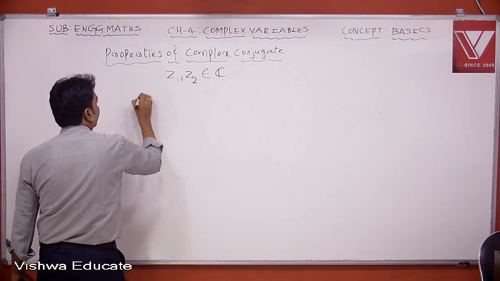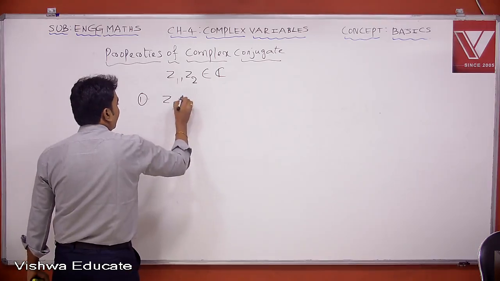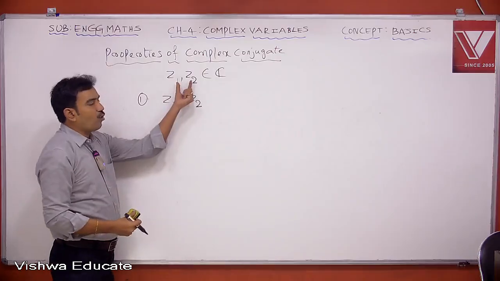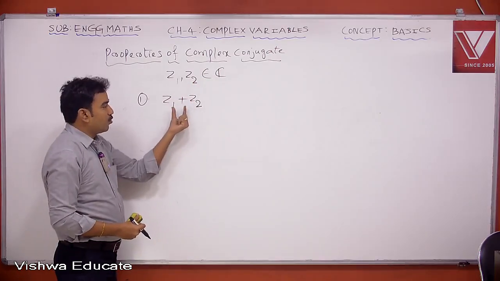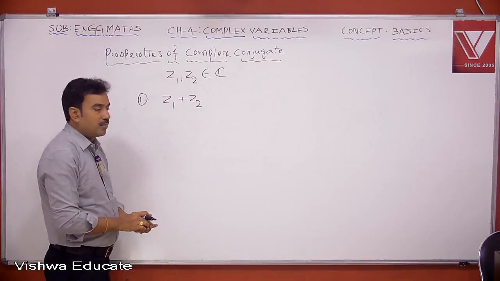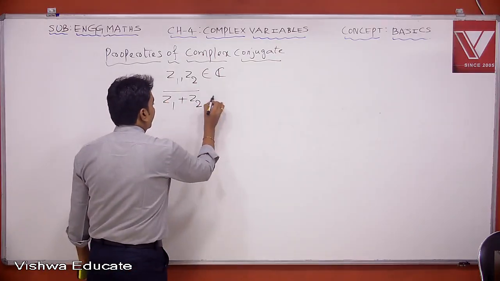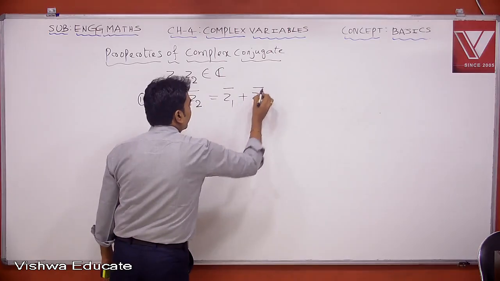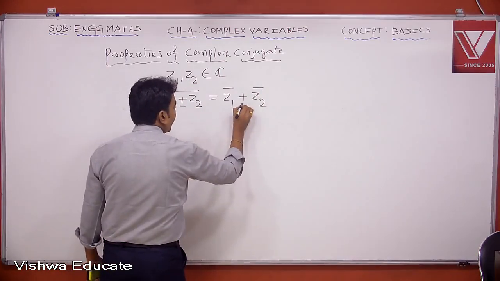Now when you add these two, z1 plus z2, I will get a new complex number. Apply conjugate for this. This becomes z1 bar plus z2 whole bar. So if I apply minus, I get minus.